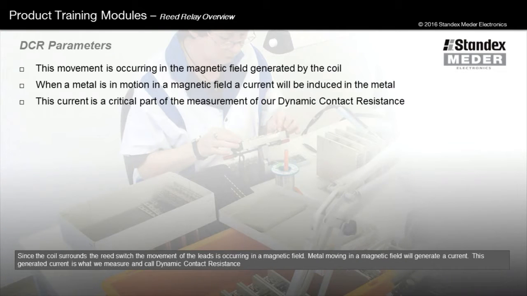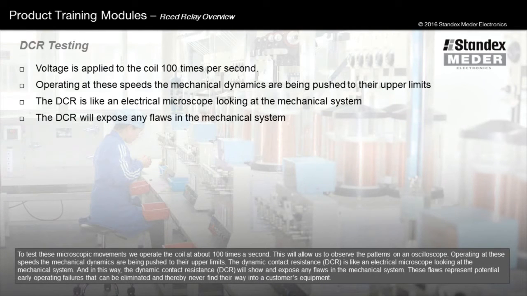Since the coil surrounds the reed switch, the movement of the leads is occurring in a magnetic field. Metal moving in a magnetic field will generate a current. This generated current is what we measure and call dynamic contact resistance. To test these microscopic movements, we operate the coil at about 100 times a second.